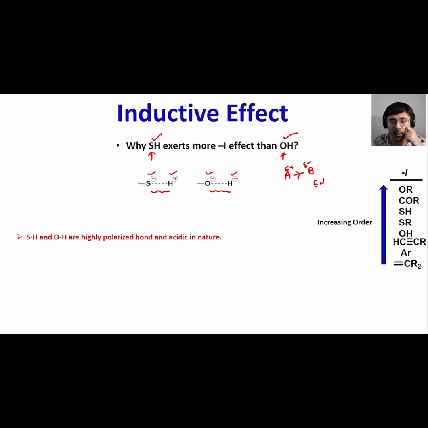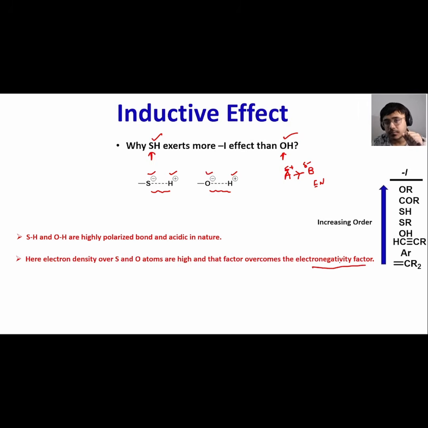Now both the atoms have more electron density than in normal polarized bond cases. So in this case, our electronegativity factor will not be predominant. Here, the electron density factor predominates over the pushing or inductive effect exerted by that atom or group.